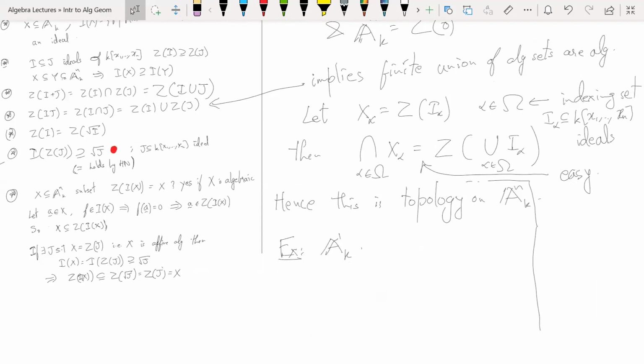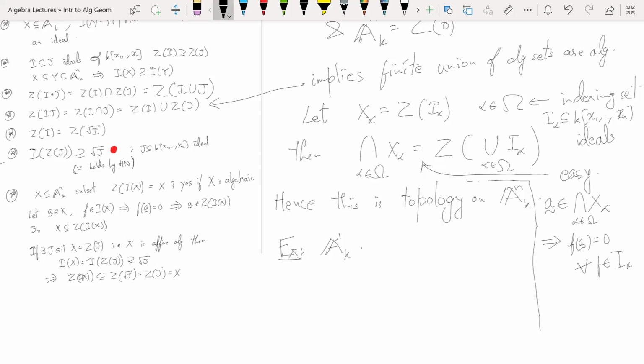Let's take a in the intersection of X alpha, alpha in omega. Since a belongs to X alpha for all alpha, that means f(a) is 0 for all f in I alpha.